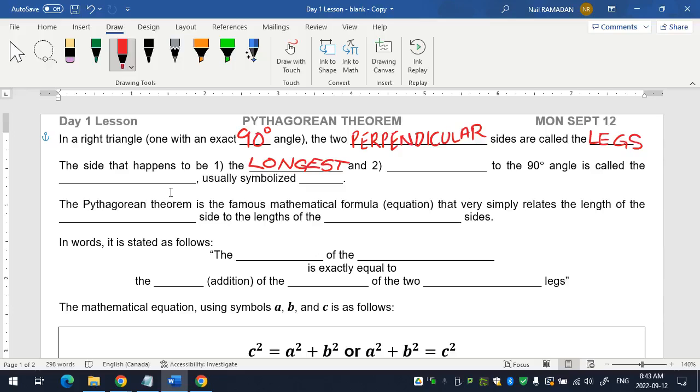Can someone tell me where this side is compared to this 90-degree angle? Yes, Haley? It's opposite. It's basically right in front of it, right in its face. Okay, so the longest side also happens to be opposite.